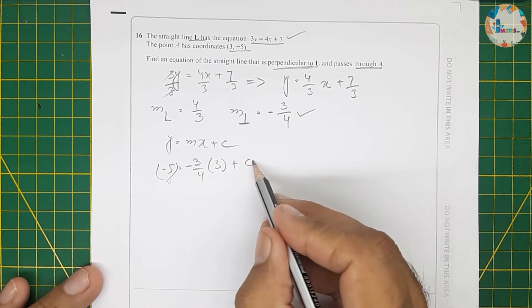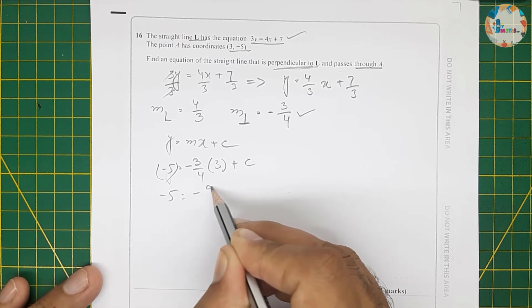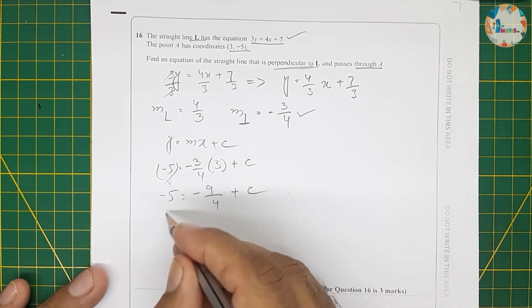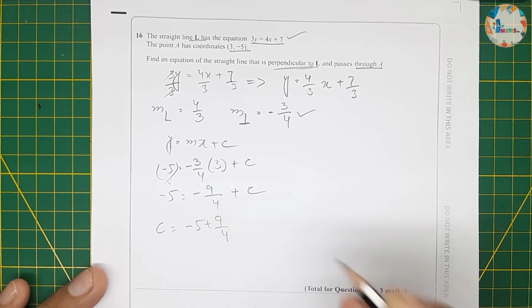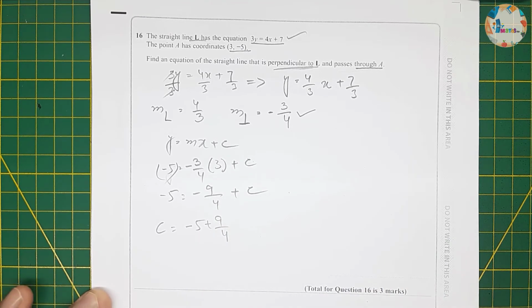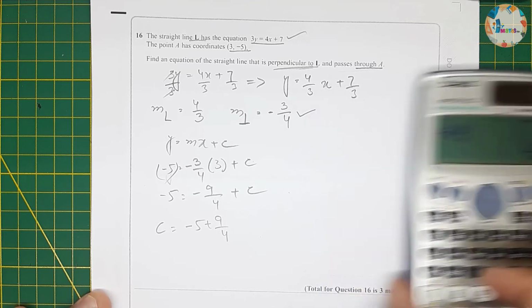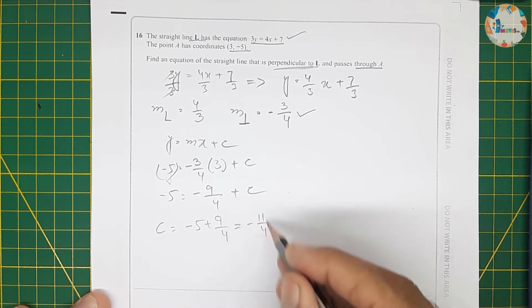Now we can find the value of c. This will be minus 5 is equal to minus 9/4 plus c. So c will be equal to minus 5 plus 9/4, and we can calculate this value, and this will be equal to minus 11/4. This is the c value.